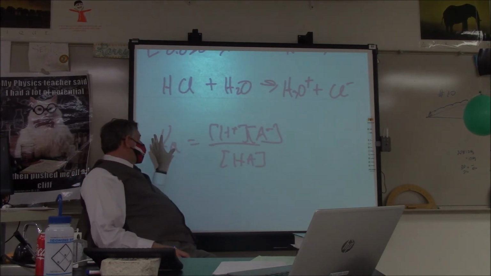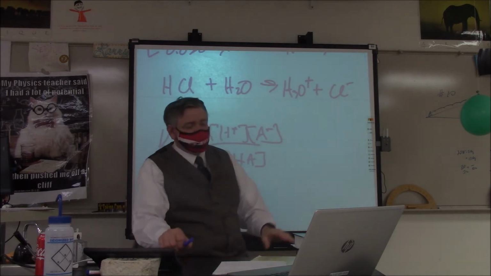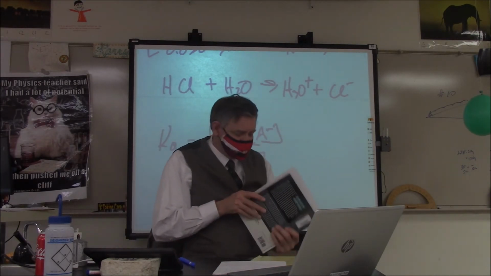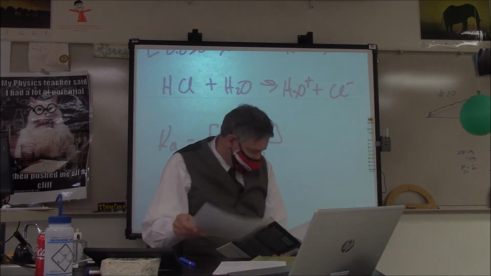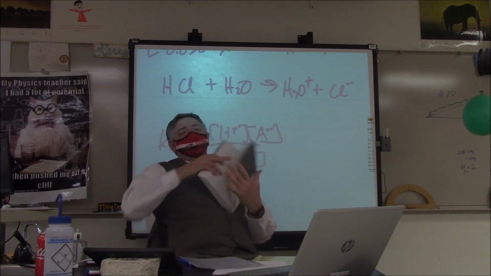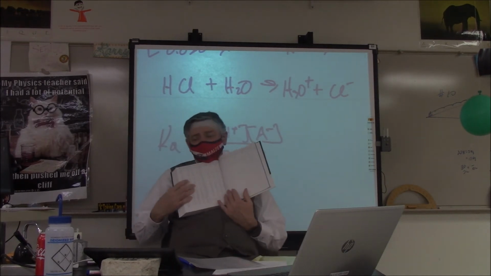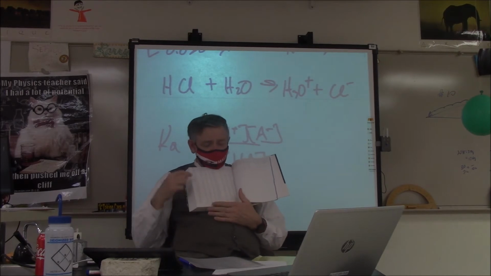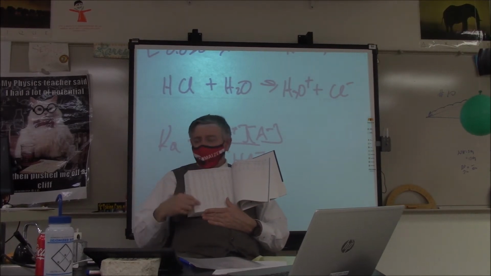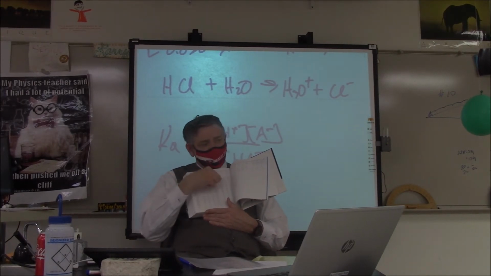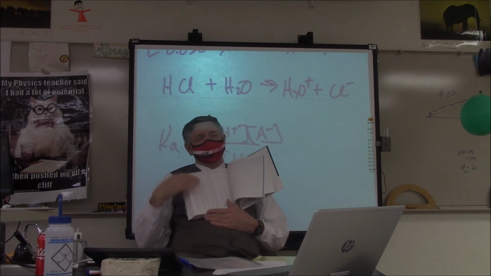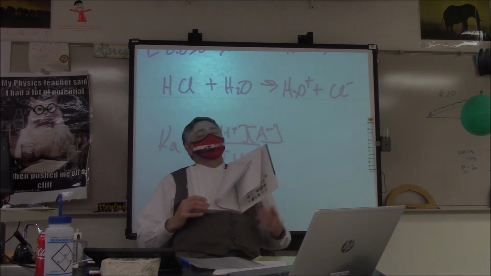So, when you look at your Ka values, in the back of your textbook, on page 1090, you're going to use this a lot. So what this lists is all of the Ka, K1, K2, K3 values for all of these acids. Okay?